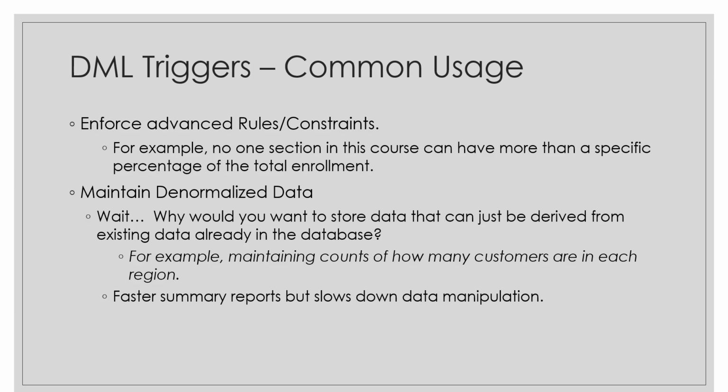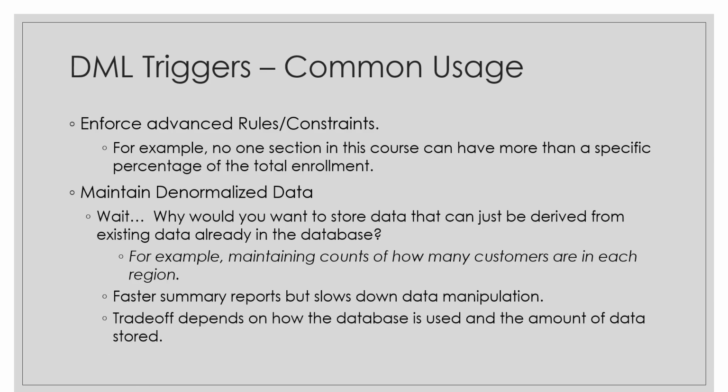Part of the trigger, if that insert into the employee table, you can go find out what department and go increment, add 1 to the existing value of the count of how many employees are in there. That can be done in the trigger, right? And that takes care of it automatically. That count of employees in the department maintains itself every time you insert, update, or delete employees, right? Okay. The trade-off depends on how the database is used, the amount of data stored, and so on and so forth.